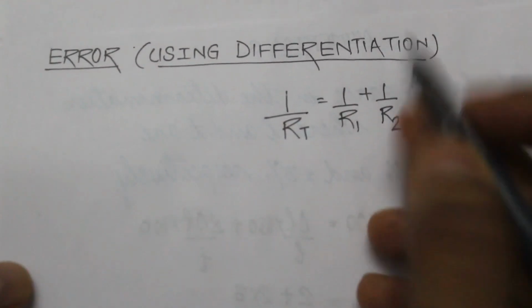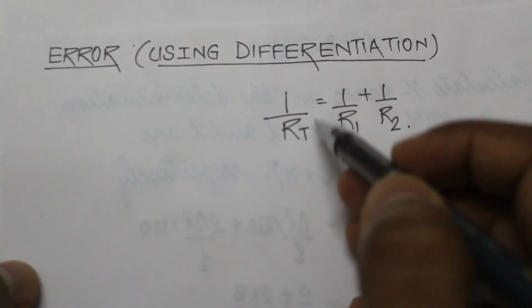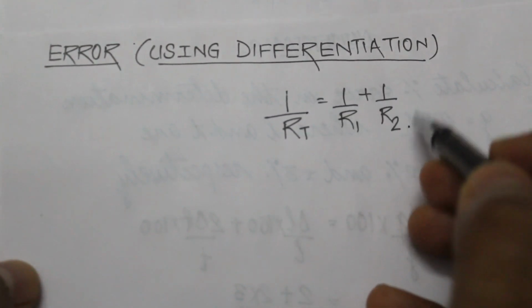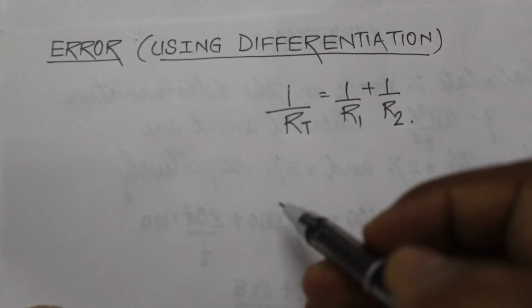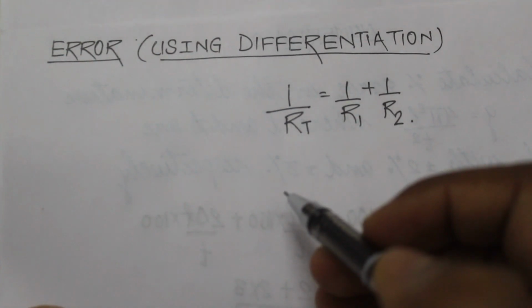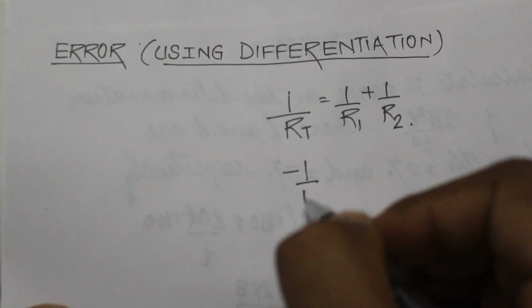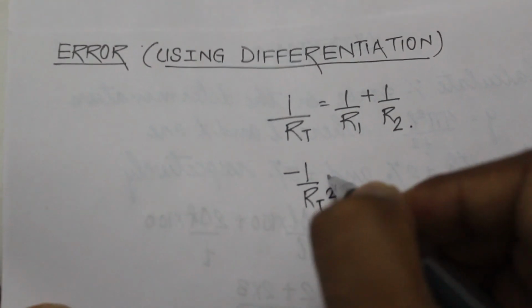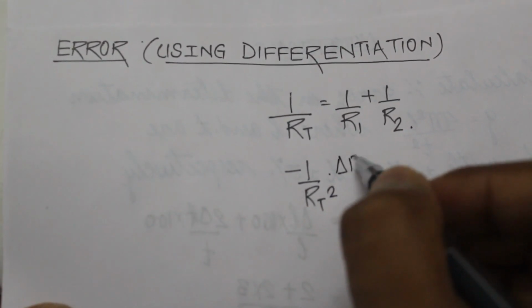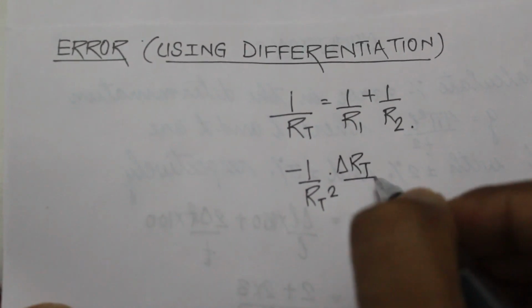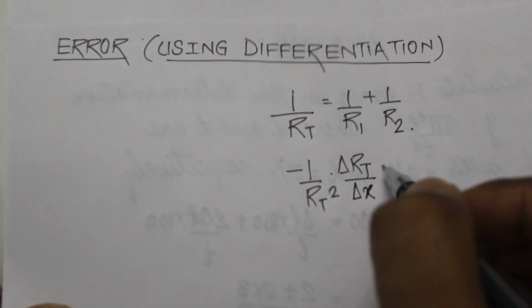I'll use the concept of differentiation. If I differentiate all these three quantities separately, the differentiation of 1 by RT, where the differentiation of 1 by X is minus 1 by X square dot dx, instead of dx I am writing delta RT upon any quantity, let's say delta X.